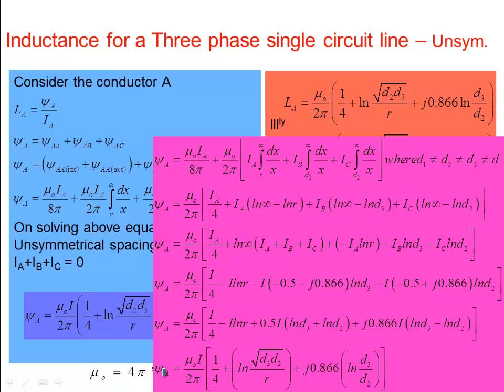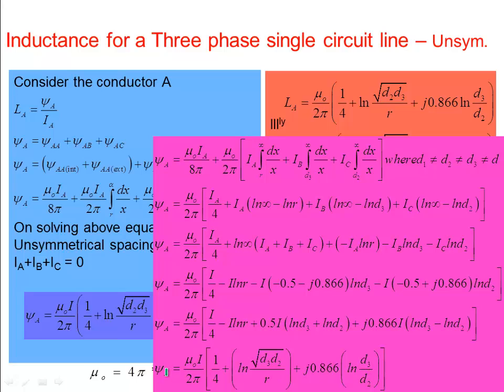That means for part 1, psi A1 equals mu naught I by 2 pi into 1 by 4 plus ln square root of D3 D2 by r plus j0.866 of ln D3 by D2.